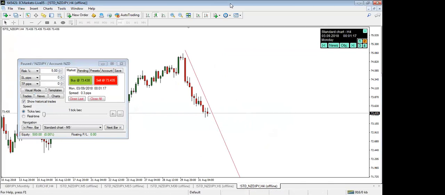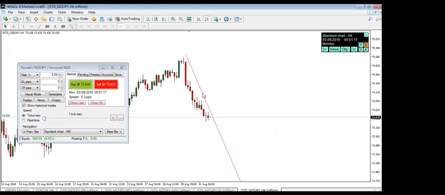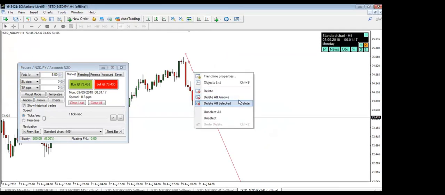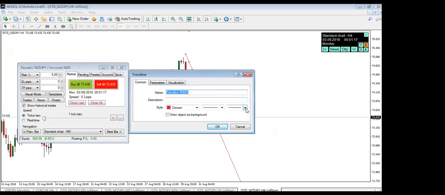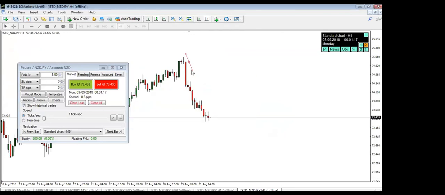Right click, object, trend line properties, go to parameters. Turn off ray. That should work. Now delete it and try. Yes, finally. Okay.